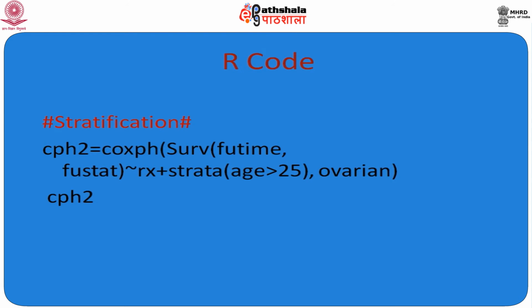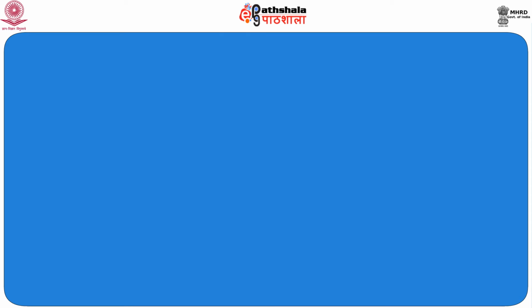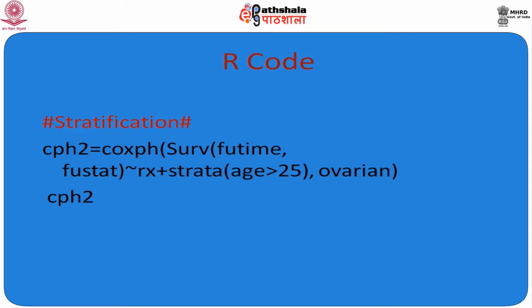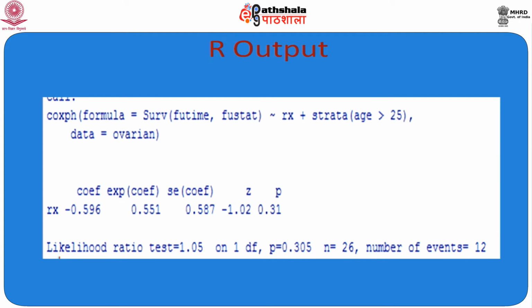Let's see the results output. In the earlier stage we had considered Rx and age, but in this case we did not; we considered only one strata, age more than 25. So these values only give the coefficient estimate for Rx, that is minus 0.49, with exponential of coefficient 0.55, standard error 0.587, and p value 0.31.